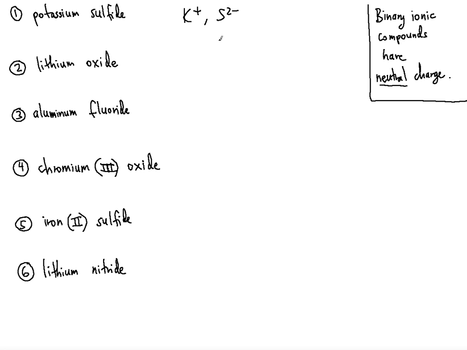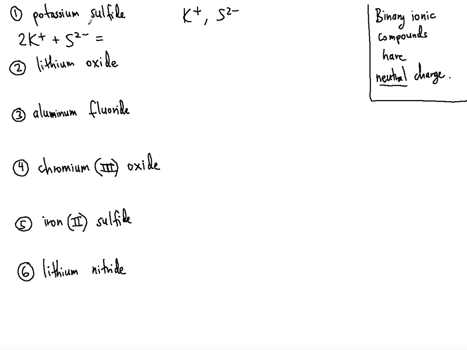So in order to have a 0 net charge, when you combine these two into a compound potassium sulfide, for every sulfur ion you will need 2 potassium ions. So you're going to have 2K plus S 2 minus is equal to the neutral charge, and that's going to be the potassium sulfide.